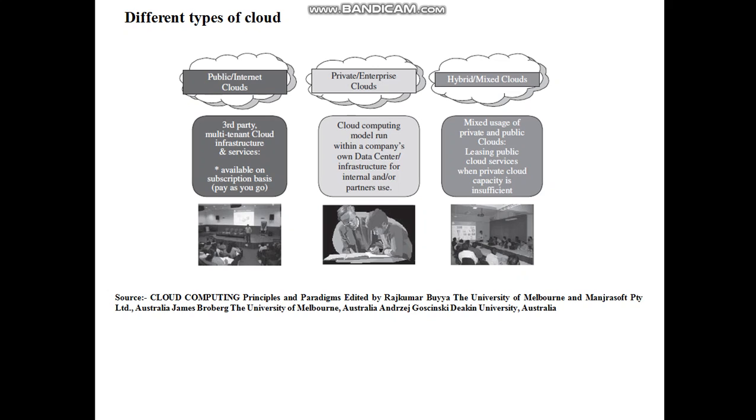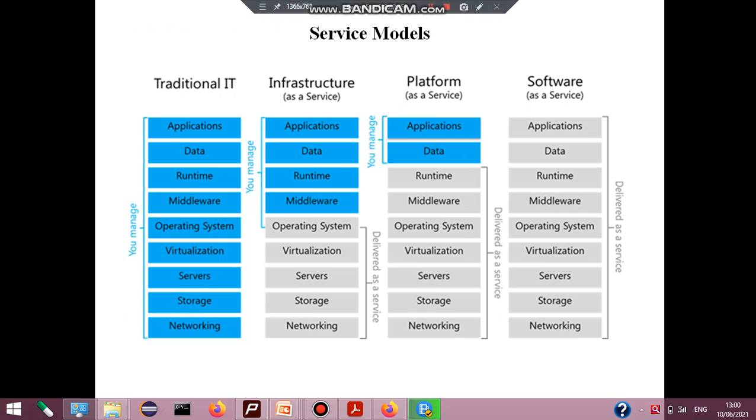If you want to store very confidential information, then you can use a private cloud. If there is no such confidential information, then you can store it on a public cloud. So these are some different types of cloud. Next is the service model.